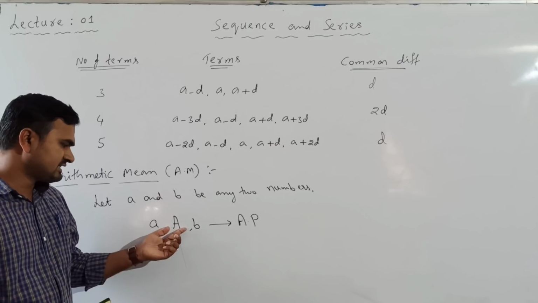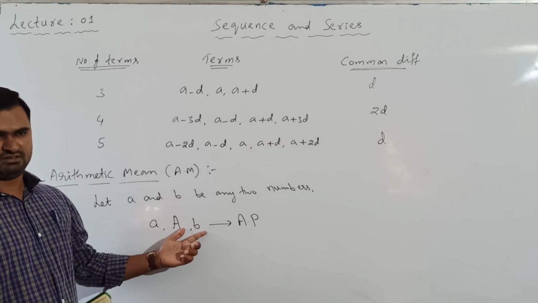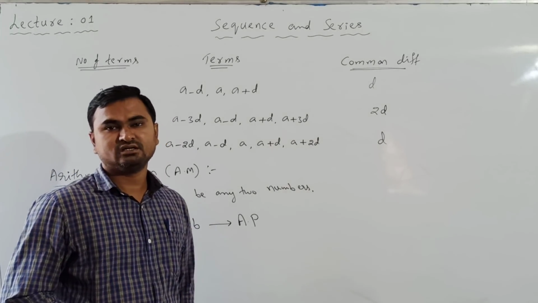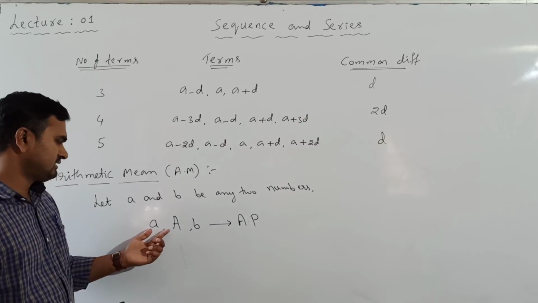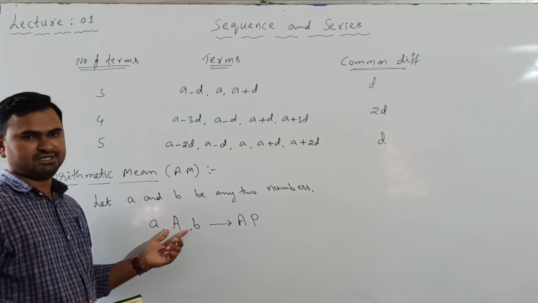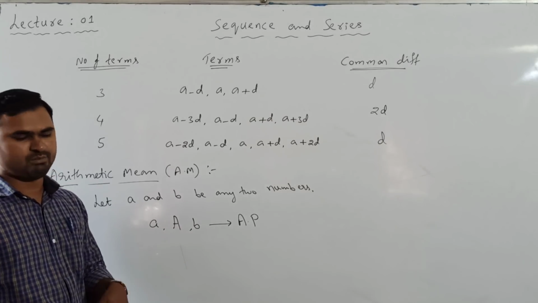Then this capital A is called the arithmetic mean of A and B. So in between two given numbers, we are inserting one more number so that the resulting sequence forms an AP. Then that middle term is called the arithmetic mean of these two given numbers.